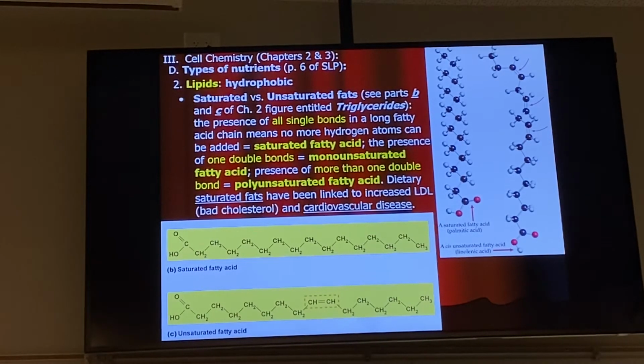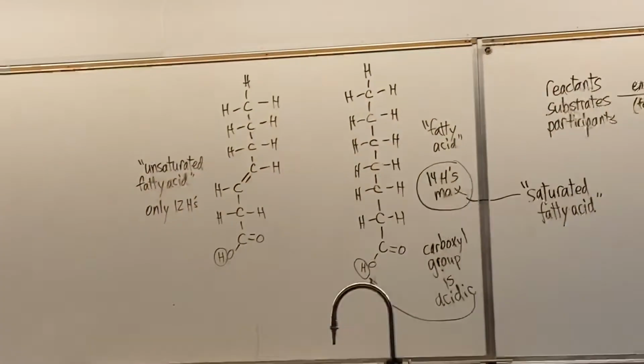If it has 14 H's, it is saturated with hydrogen. Since this only has 12, this is an unsaturated fatty acid. Does that term now make sense? I'm explaining this as simply as you'll ever hear it.